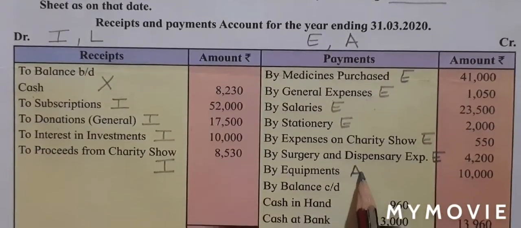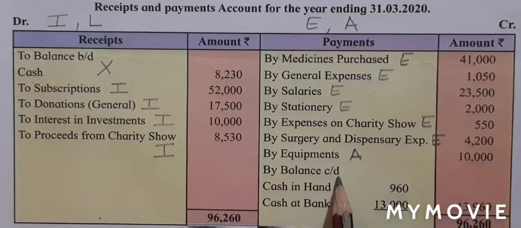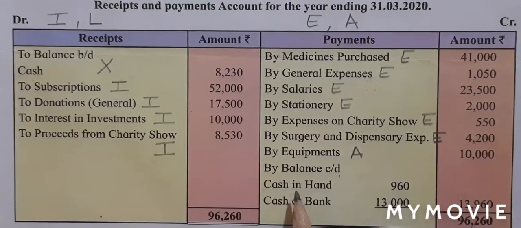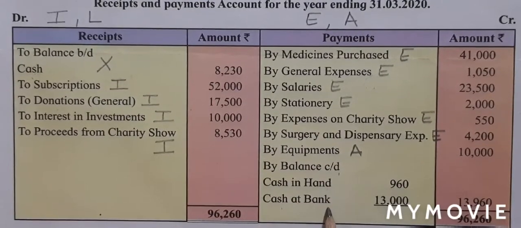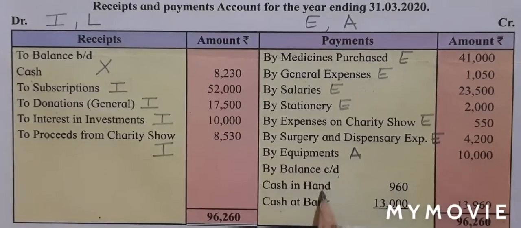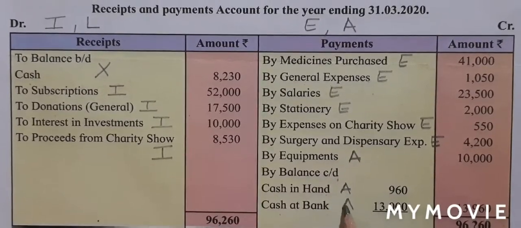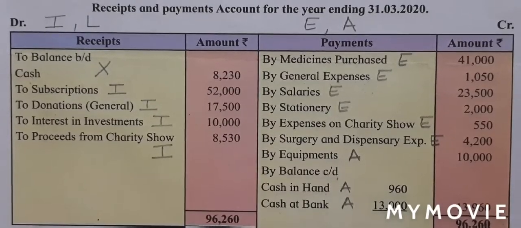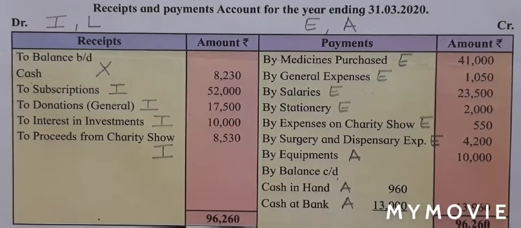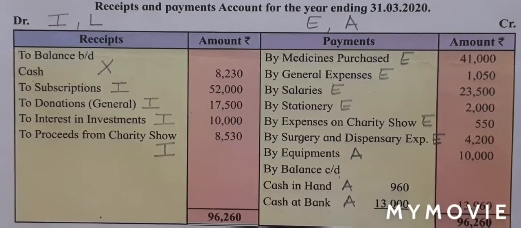Equipment, asset. Balance carried down. This is my closing balance of cash in hand and cash at bank. So the closing balance of cash in hand will be asset and cash at bank will also be asset. With this, students, we have completed step number 1, identification.